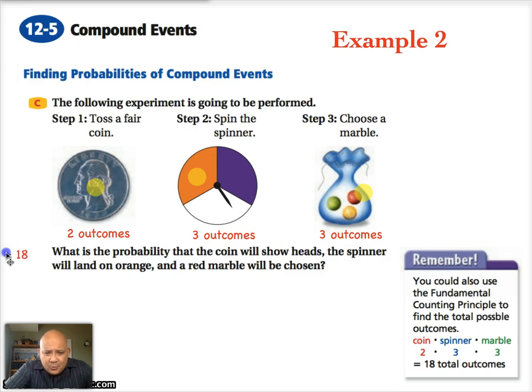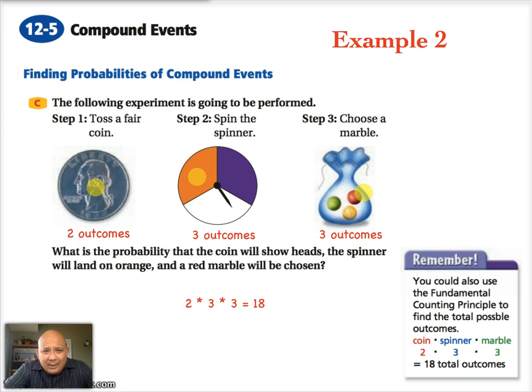And what we do with those 3 numbers is we multiply them together. 2 times 3 times 3 gives us 18. 18 total outcomes. What we're going to see in the next slide is finding out what actually those outcomes are.